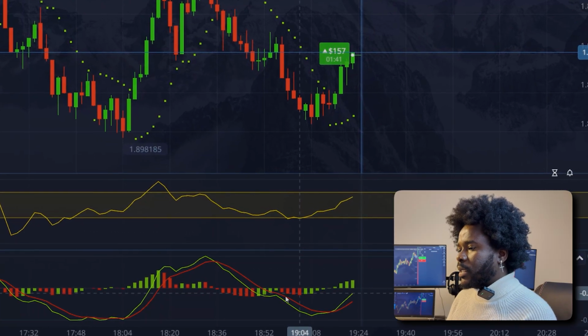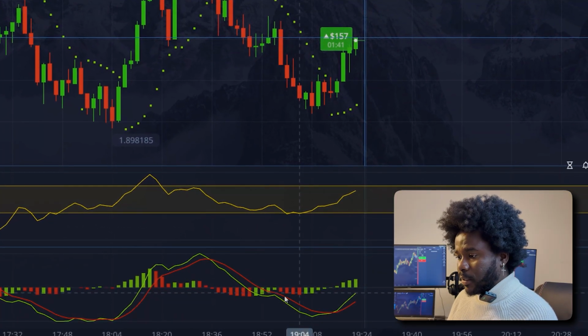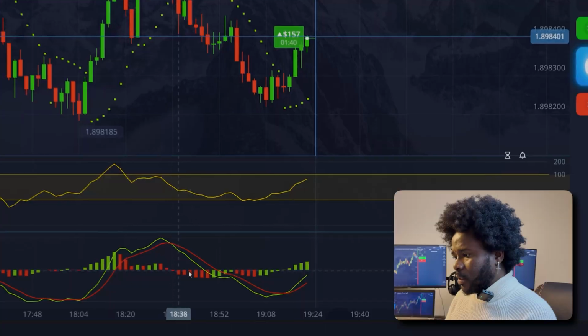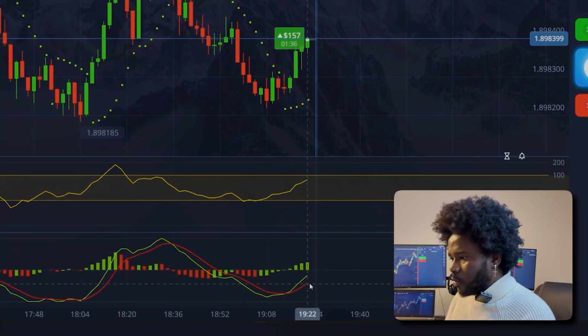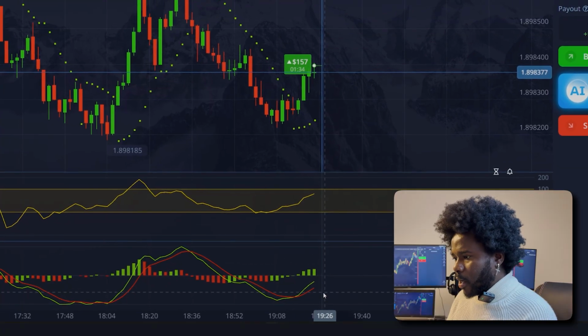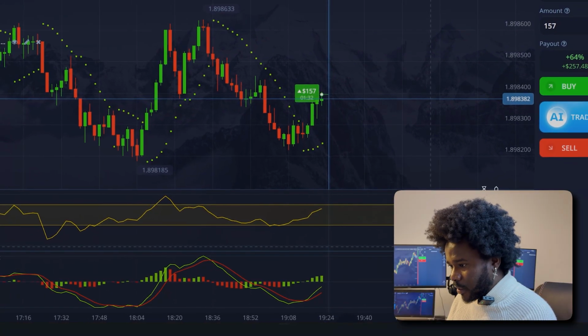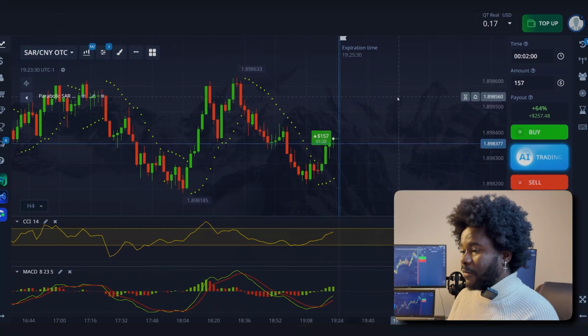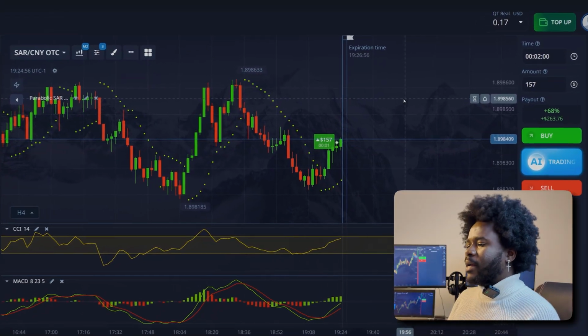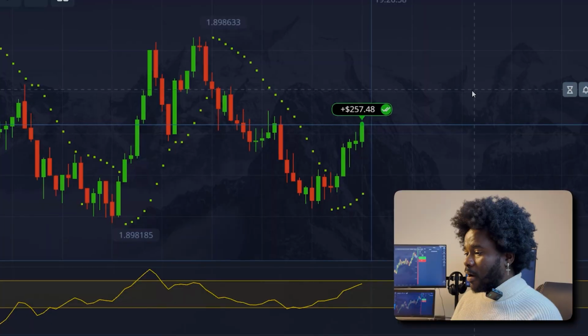Clearly, the downward impulse has ended. On MACD, the histogram is already green and increasing, and the fast line begins moving above the slow one. Upward momentum is forming. Again, all three indicators point to growth. Waiting confidently for the close, and I get $257.